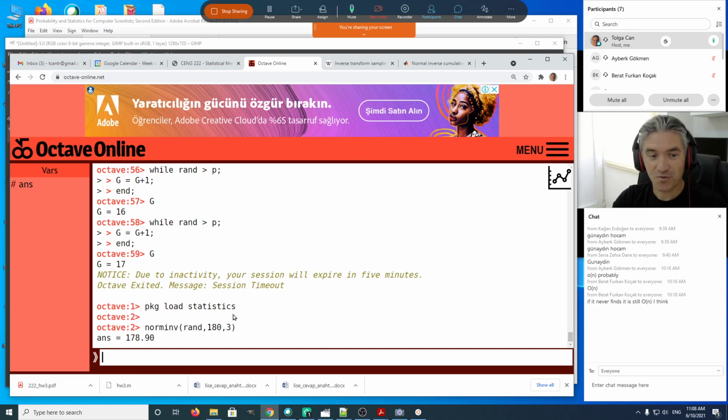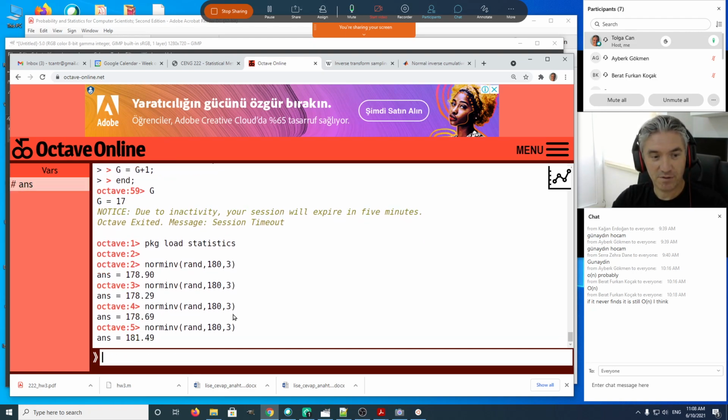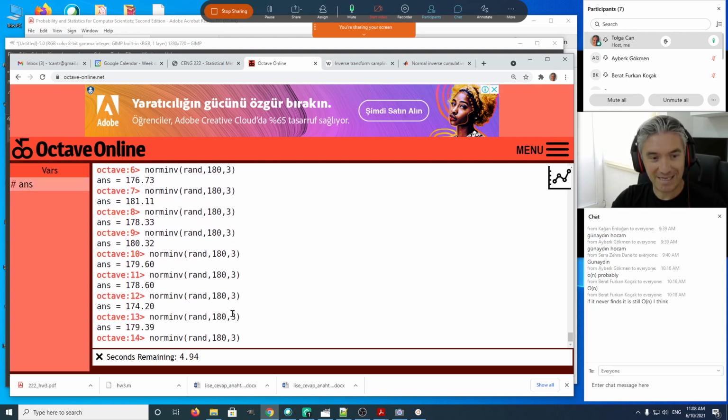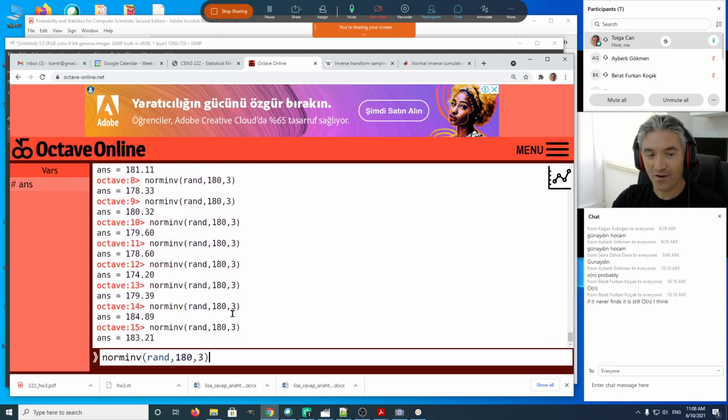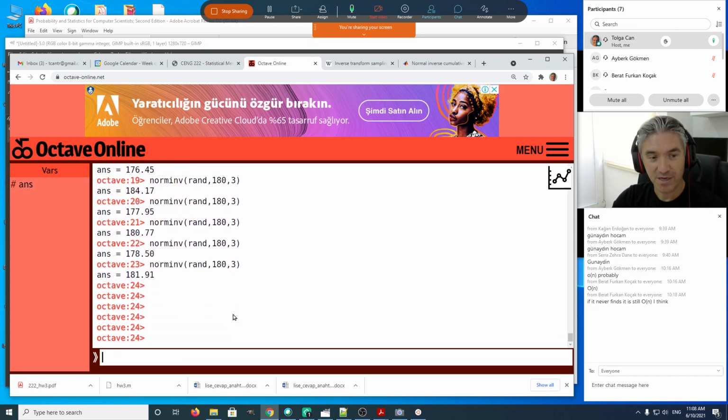That's your normal random number. Do it again. Look at this. They're close to 180. And what do you think these numbers are that we get in the answer? They are normally distributed with mu equal to 180 and standard deviation 3.